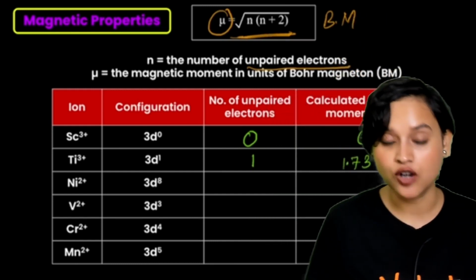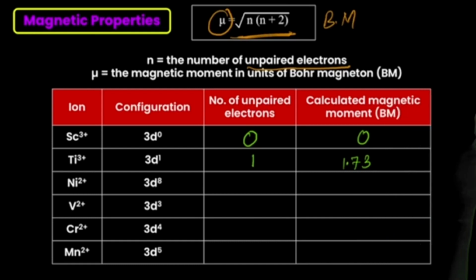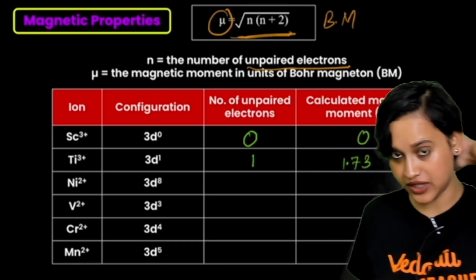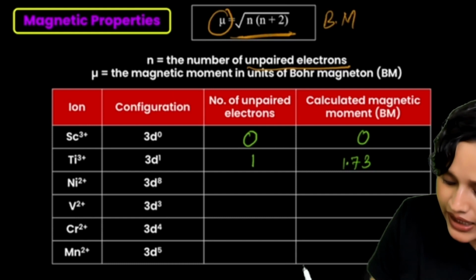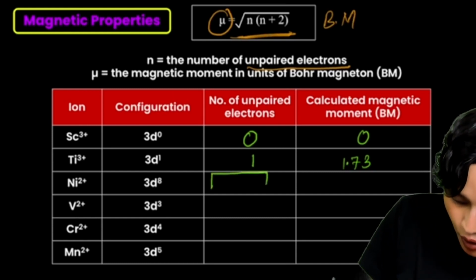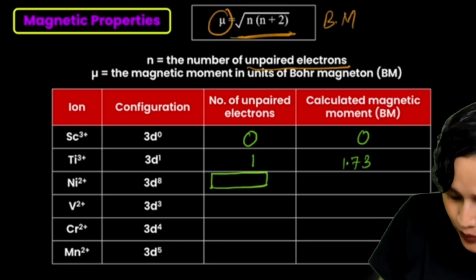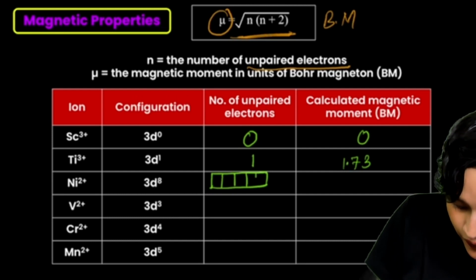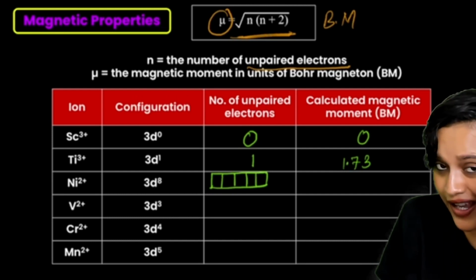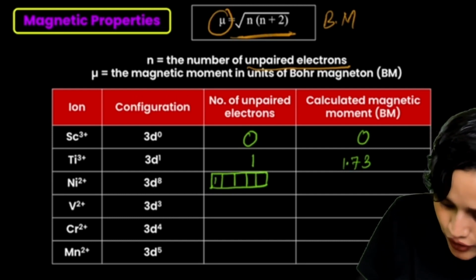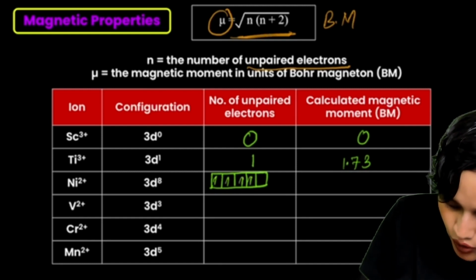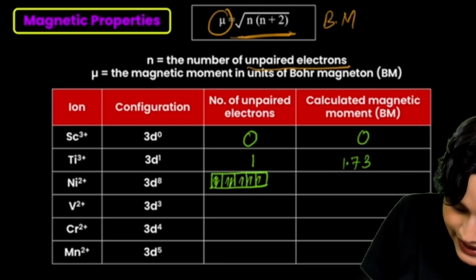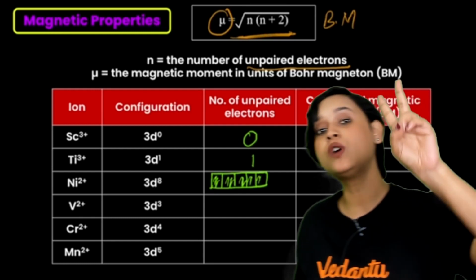Now check it out. Ni2+. Then the configuration becomes 3d8. For 3d8, I will have to draw the orbitals here. There are 5 d orbitals, correct? So 1, 2, 3, 4, 5 and 6 and 7 and 8. That means there are 2 unpaired electrons.